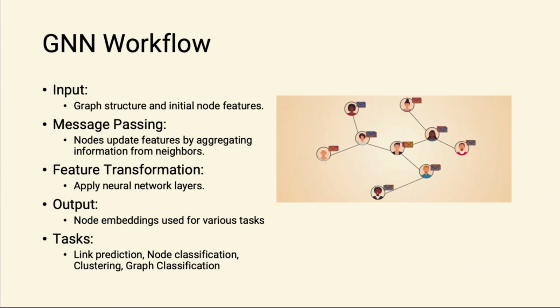It's not in a non-Euclidean space anymore. It's actually in a vector space, right? So you can apply any kind of regular machine learning algorithms on top of that. Certain popular ones for graph neural networks are link prediction, node classification, clustering, and graph classification.